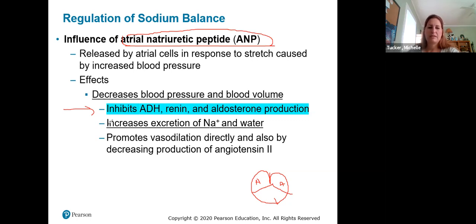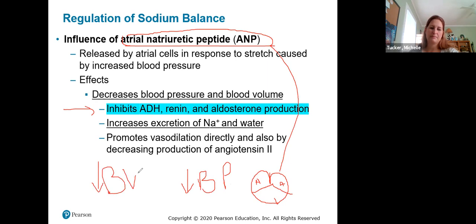This will end up increasing excretion of sodium and water to decrease extracellular fluid volume and decrease blood pressure. So atrial natriuretic peptide's end effect is going to be to decrease blood pressure by decreasing blood volume.